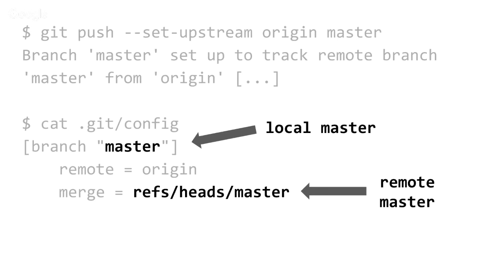It's important to note that the full address of the master branch looks like a local branch, but it's actually seen from the perspective of the remote repo, so it uses refs, heads, and master. You can play with it if you want, pushing to a branch of some other name that you have locally to see how it changes the config and the information that Git stores.